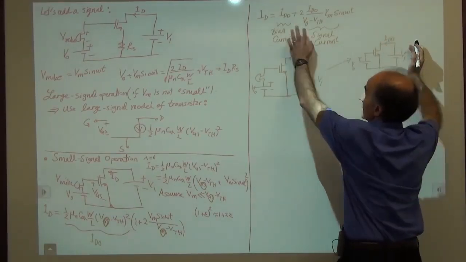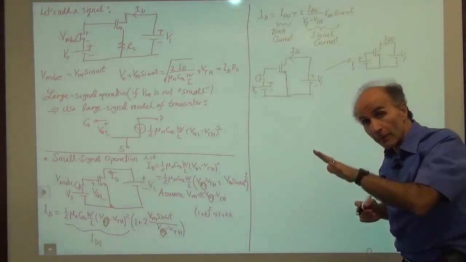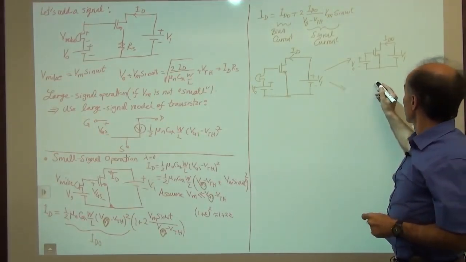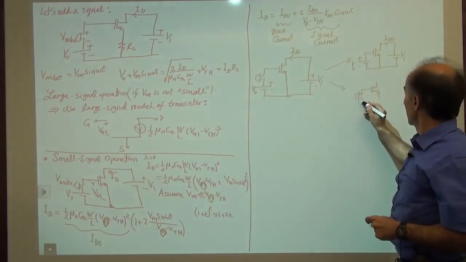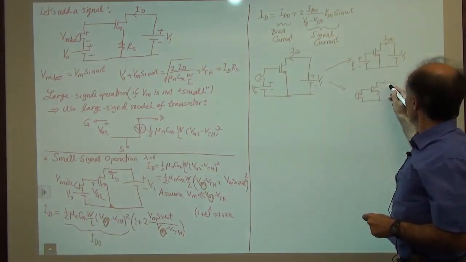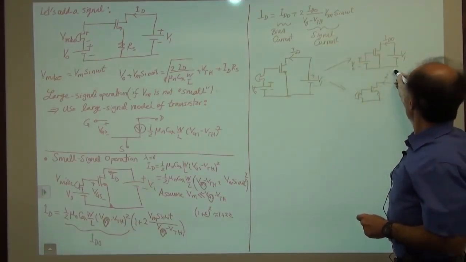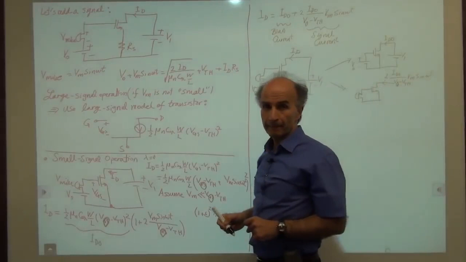This scenario takes care of this current here. All right? And then on top of this, superimposed on this, I have another circuit, which is like this. It's taking the microphone signal and generating a certain amount of current, which is all of that stuff there. 2ID0 over V0 minus VTH times Vm sine of omega t.